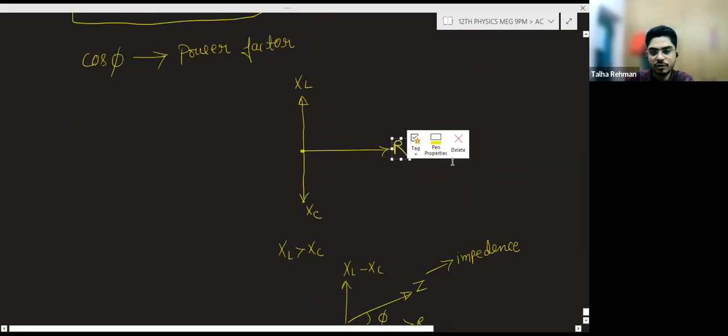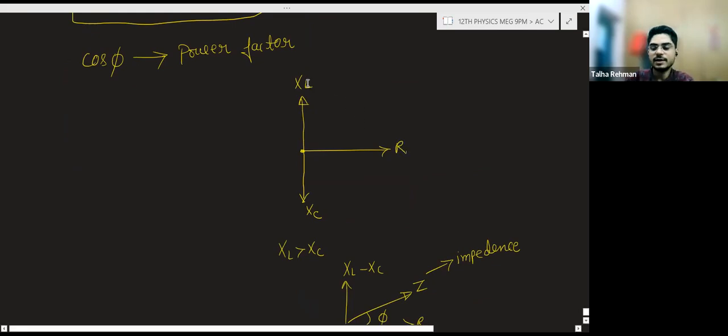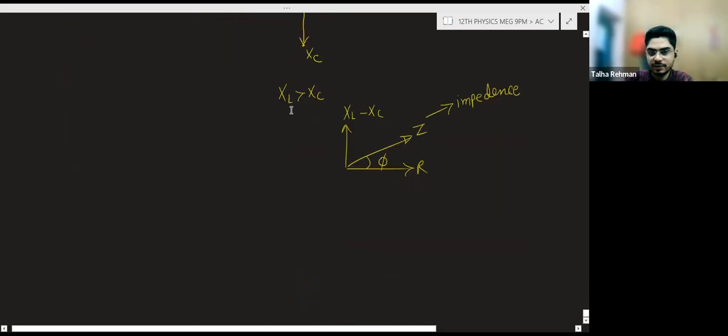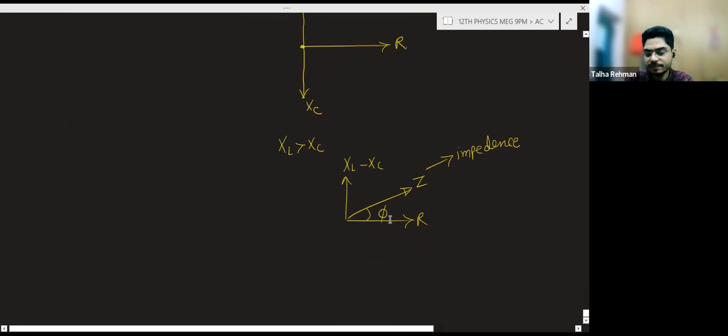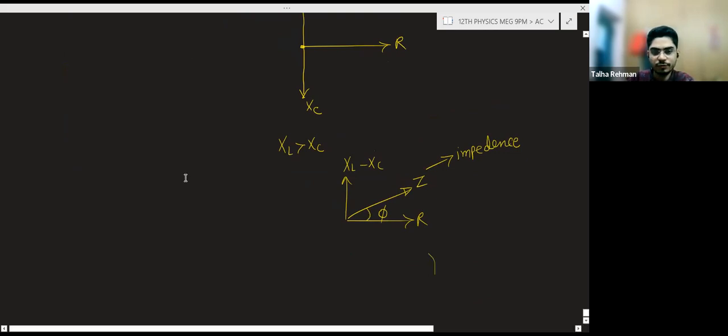This is the resistance, this is the inductive reactance, and this is the capacitive reactance. If XL is greater than XC, this will be the phasor diagram, and from this phasor diagram you can find the value of cos phi. Basically, I want to find cos phi.